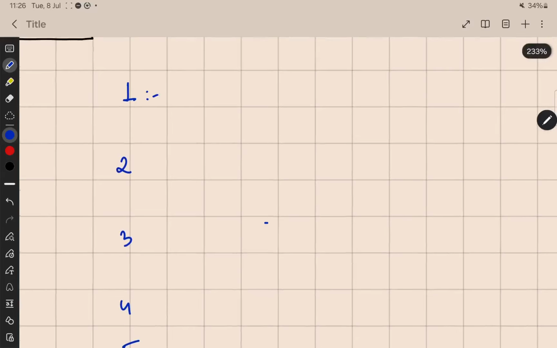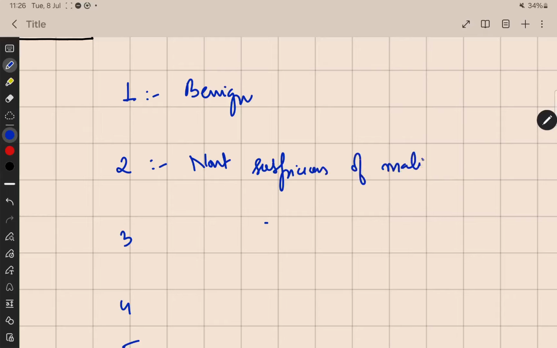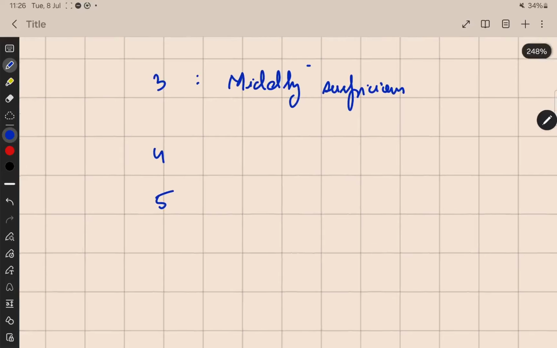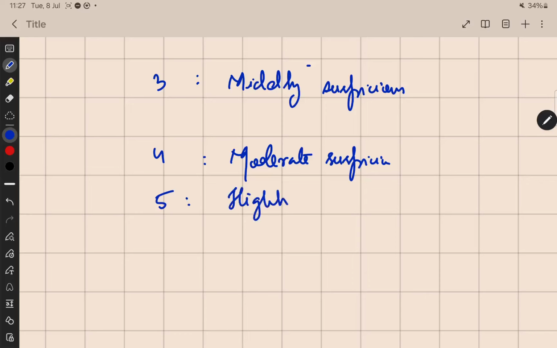So 1 is benign. 2 is not suspicious of malignancy. 3rd is mildly suspicious of malignancy. 4th is moderate suspicion. 5th is highly suspicious of malignancy.